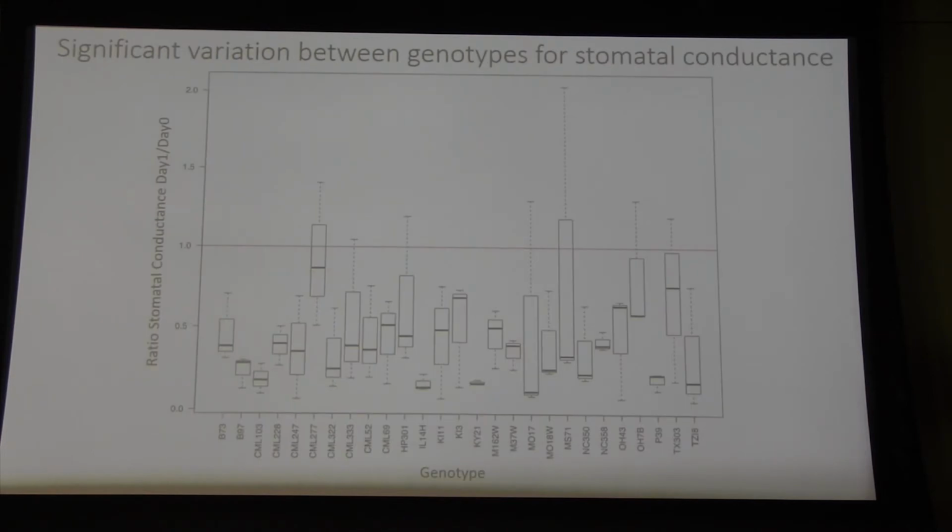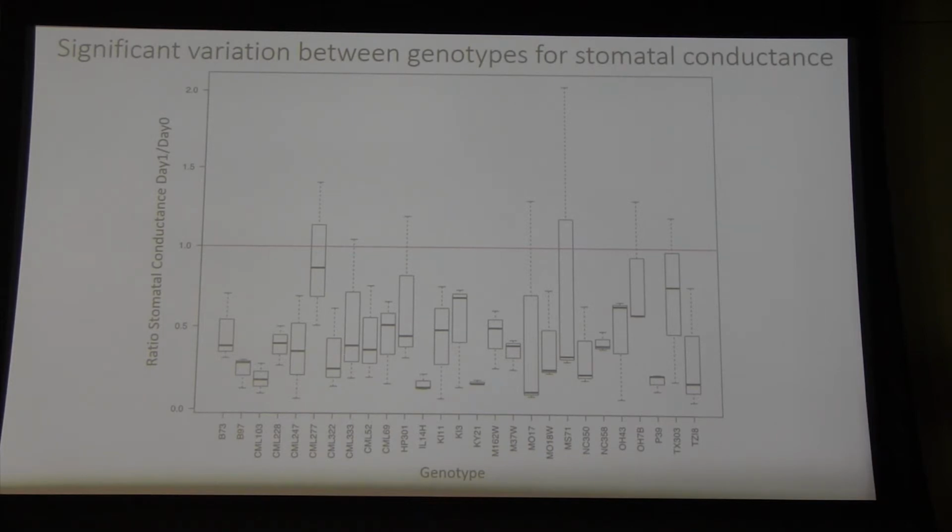To look a little bit at that variation between genotypes, this plot is showing the ratio of stomatal conductance on day 1 to day 0 for all of those lines in my RNA sequencing experiment. What you can see is that there's a lot of variation within genotypes, but also between genotypes.